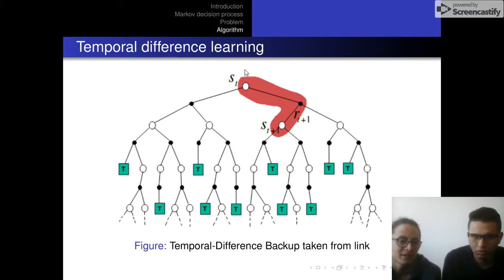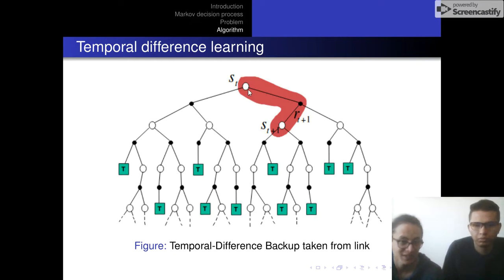We are in a certain state, and we can take some actions, and we arrive in another state, at time t, t plus 1, t plus 2, t plus 3.